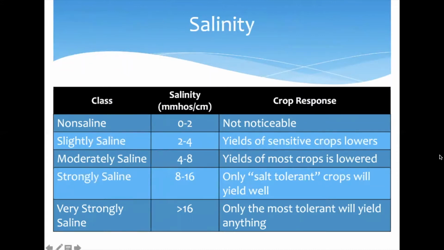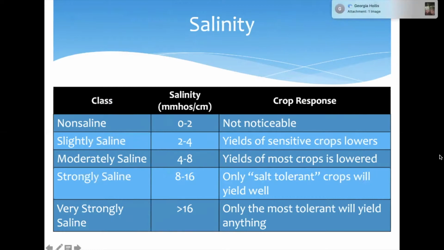They're not going to be as productive as in non-saline soils or soils with very low salts within them. If it goes from 4 to 8 millimoles, then the yields of most crops are going to be a lot lowered. 8 to 16 is extreme amounts of salts within your soil, so only salt tolerant crops will yield well. And anything above 16, only the most tolerant will yield anything whatsoever.